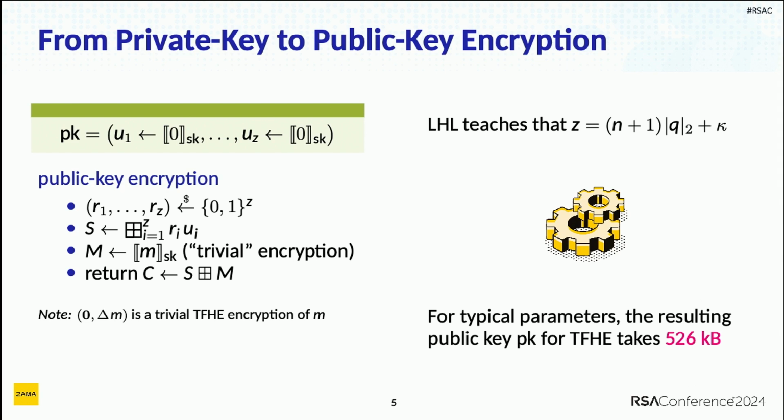This is the LWE dimension, small n, typically 1000, times log Q, the binary length of Q, typically 64, plus kappa, the security parameter, the security level, 128 in this case. And if we take typical parameters, the size of the public key is pretty large, more than 500 kilobytes. So the question is, can we do better?